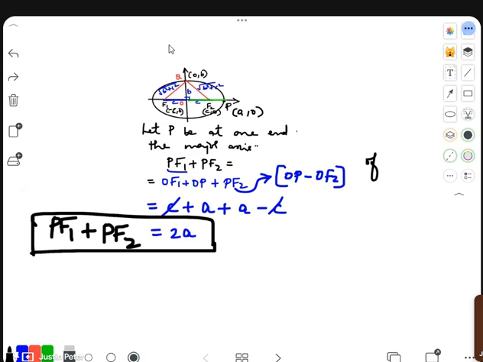Now, where does the point Q lie? 0 comma b. Does it lie on the ellipse? Yes.